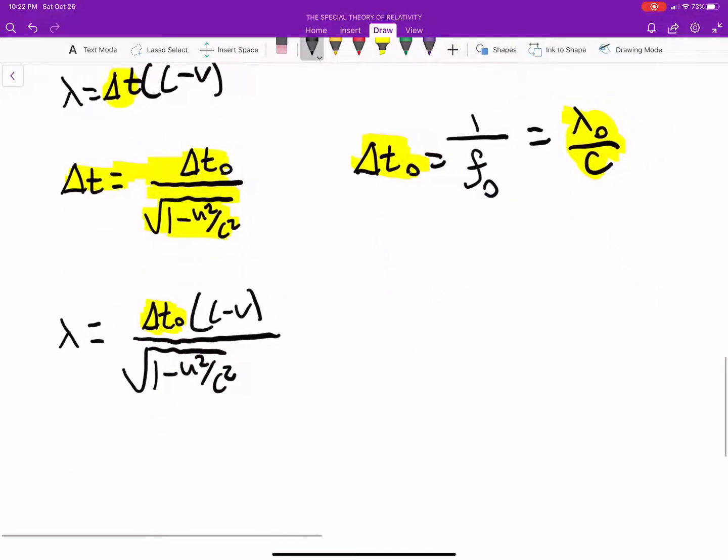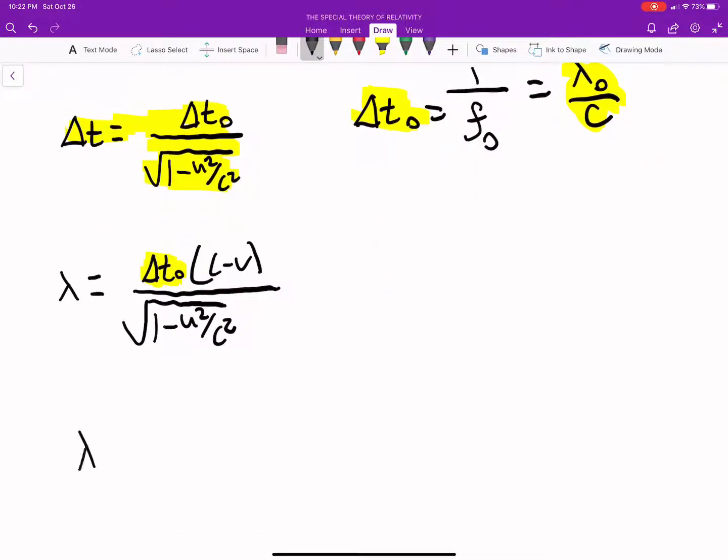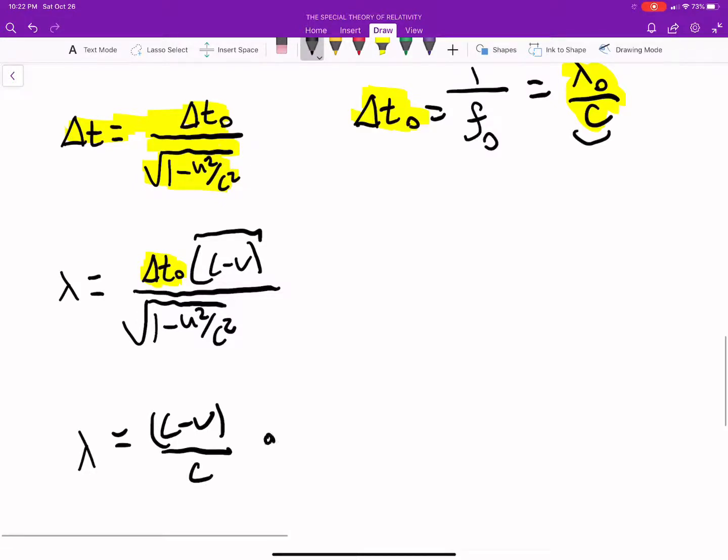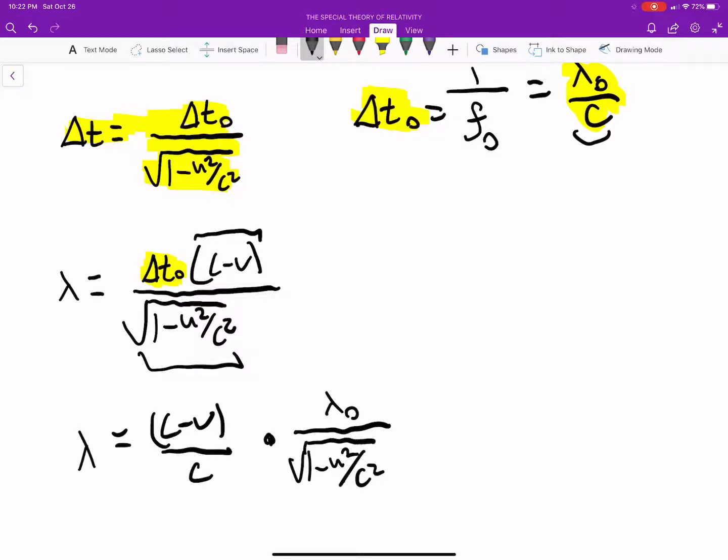So then we can say lambda equals, here's how I'm going to do it, c minus v over c times lambda naught all over this stuff. Okay, so hopefully that makes sense so far.